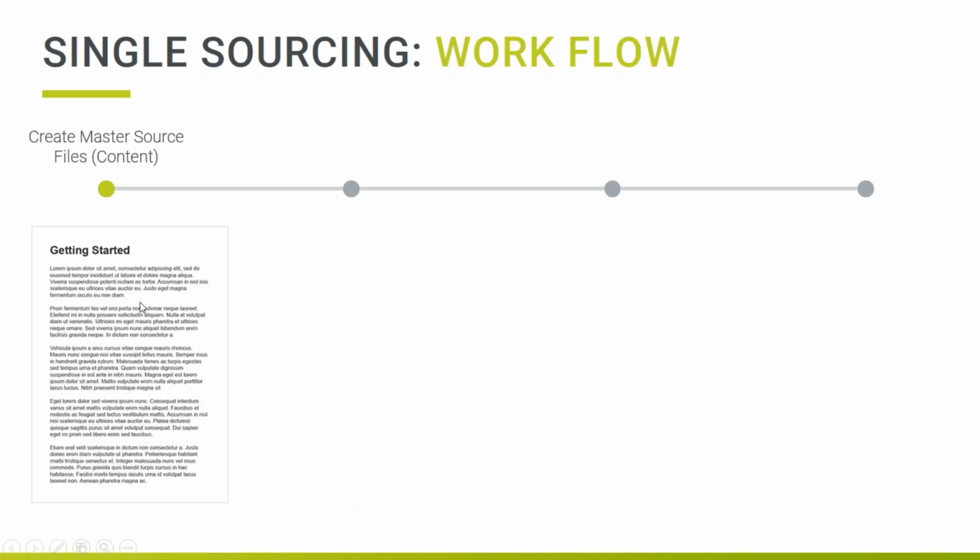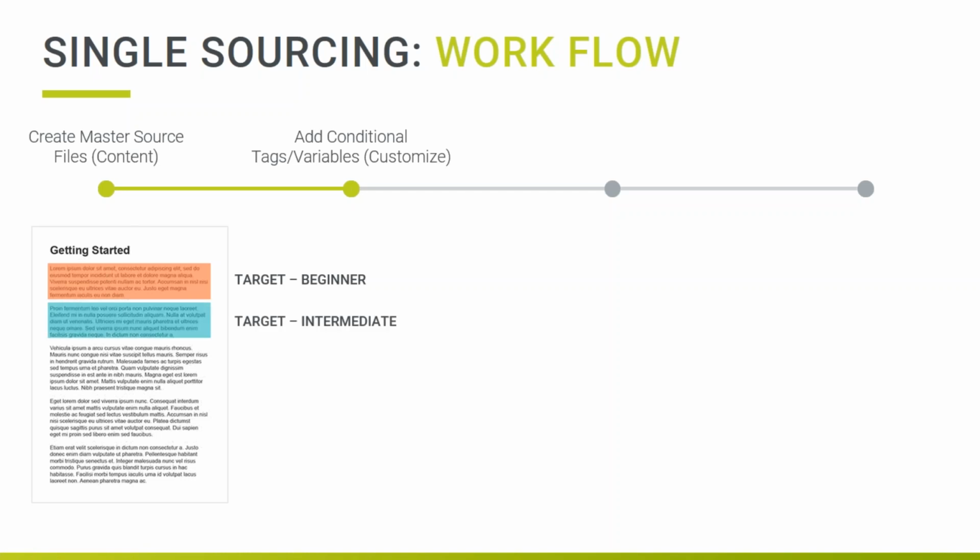And if this first paragraph only applies to audience A, well, I can actually put a color-coded marker on that paragraph. I can say this first paragraph only applies when I publish for audience A. And then after that, I could have an alternate opening paragraph, but this only applies to audience B. So I'll put a different color marker on that paragraph.